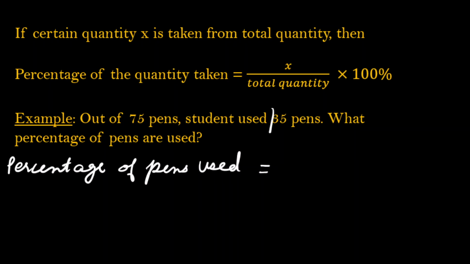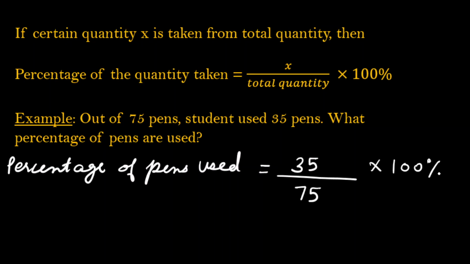So here how many pens are used? 35 pens are used. So that means in place of x we are going to write 35, divided by the total quantity. The total quantity here is 75 pens, into 100%.